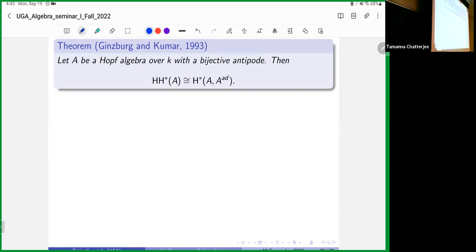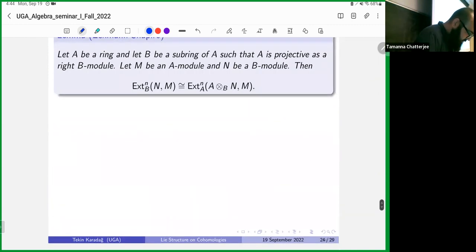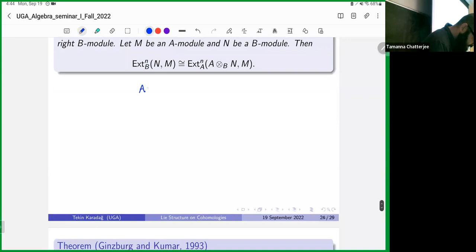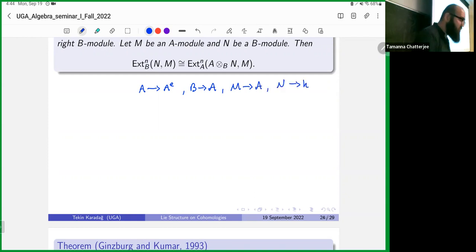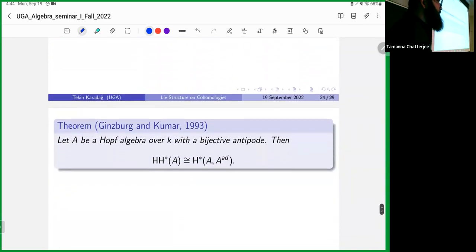In the Eckmann-Shapiro lemma, if we take A, B, E, A, M, A and M, K, then it gives the result.